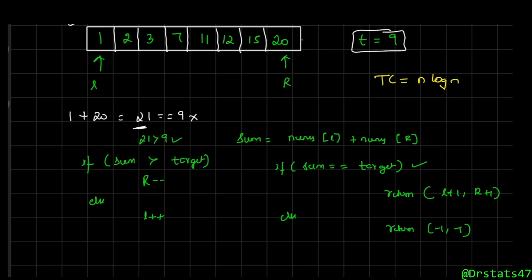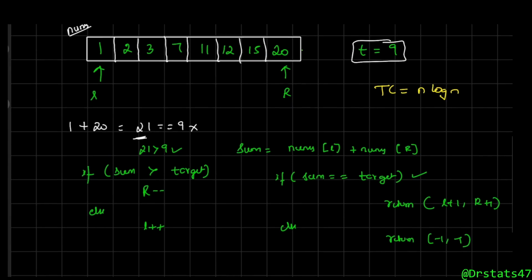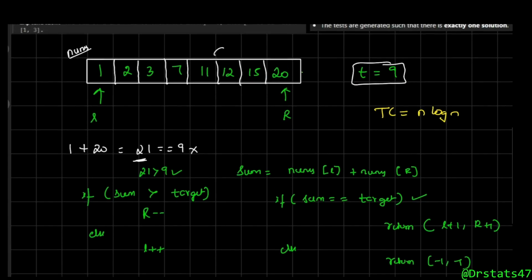Now see why we are moving the right pointer when the sum is greater than target. Because the array is sorted. The catch here is the array is sorted.